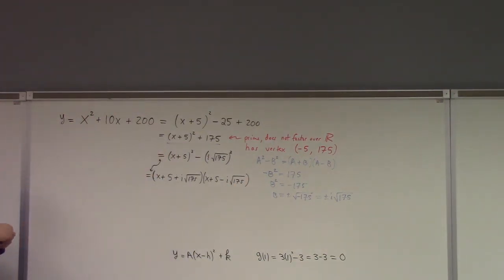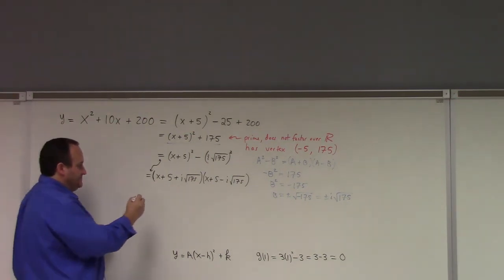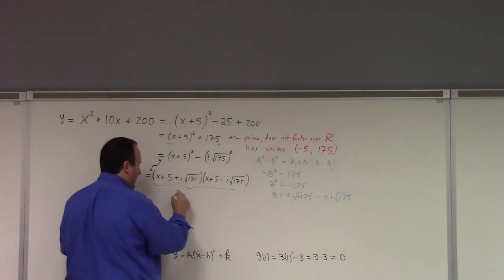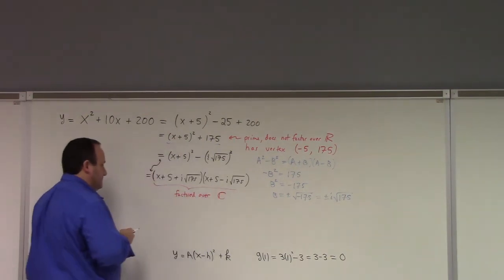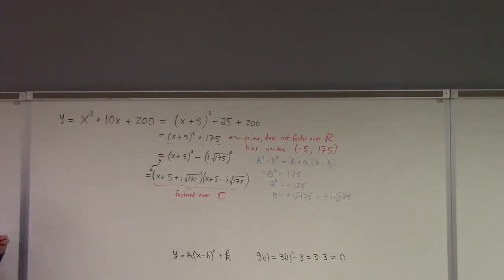This is how the quadratic factored over the complex numbers. All right. So any prime quadratic will factor over the complex numbers because we can always change plus a number to minus a number squared with an I on it, like imaginary number squared like that.